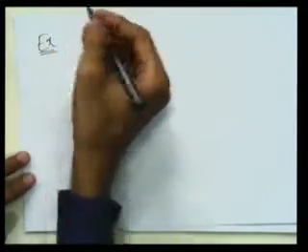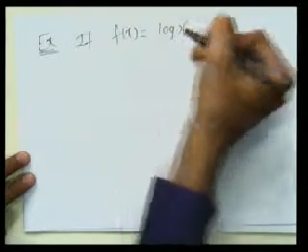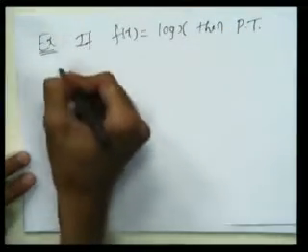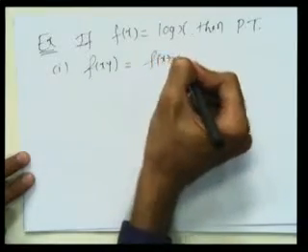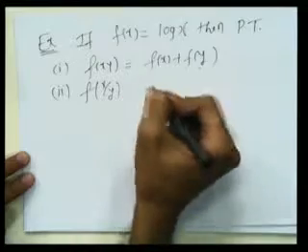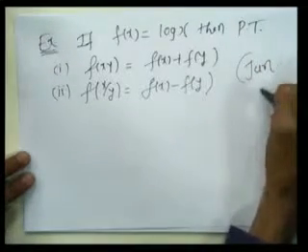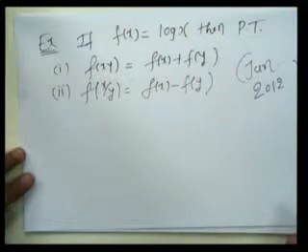The question is, if f of x is equal to log x, then prove that the first one is f of xy is equal to f of x plus f of y, and the second one is f of x upon y is equal to f of x minus f of y. This example was asked in January 2012.